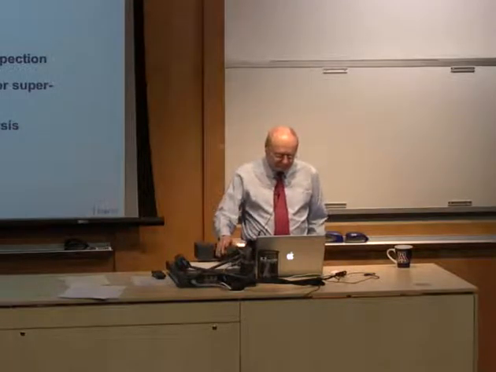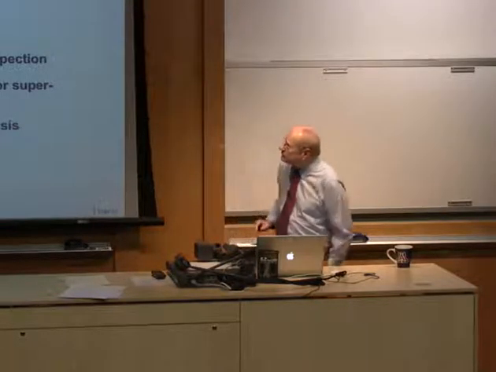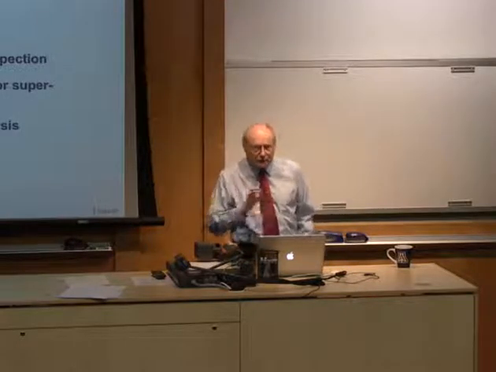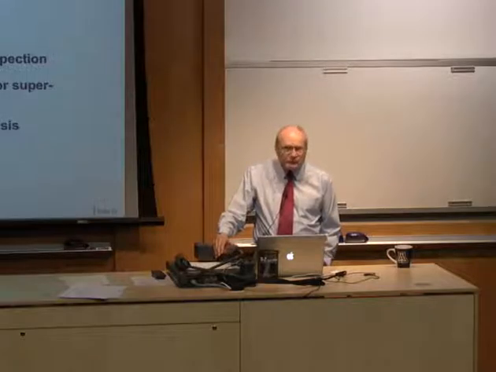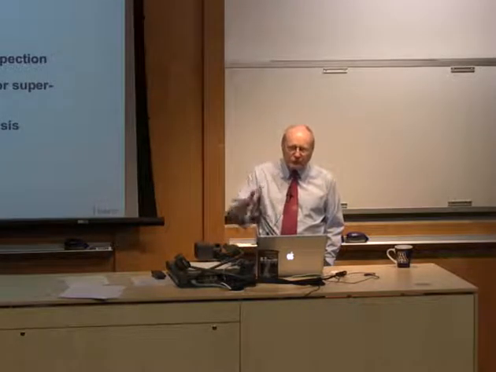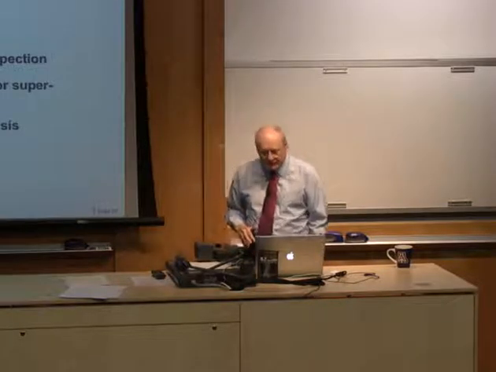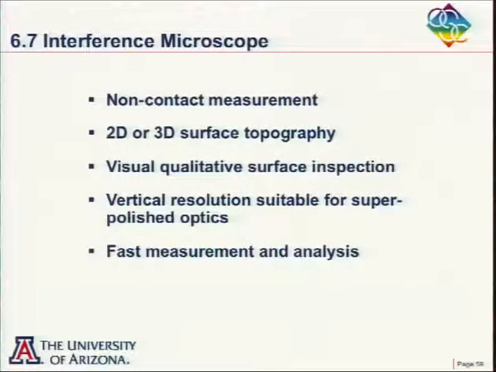Okay, so we're talking about the measurement of surface structure. We've talked before about a white light vertical scanning coherence probe type interferometer. And I'll talk again today about an interference microscope, but this time we're going to do phase shifting with it.